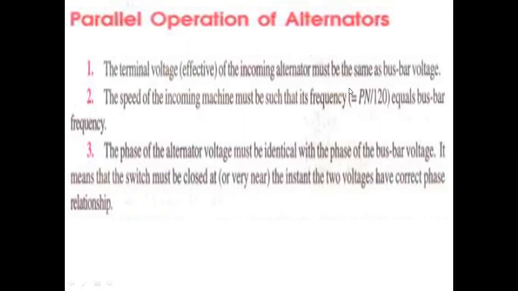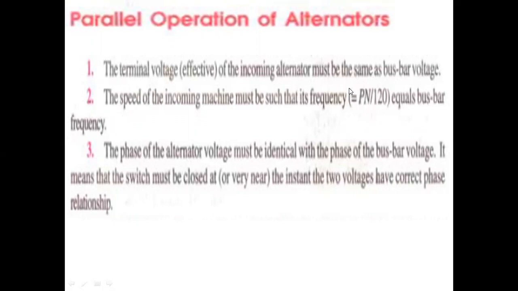Second, the speed of the incoming machine should be such that its frequency equals the bus bar frequency. So first, voltages should match, and second, frequency should also match. Third and last, the phase of the alternator voltage must be identical with the phase of the bus bar voltage, because whenever the switch is closed, at that instant the two voltages should have the same phase relationship.